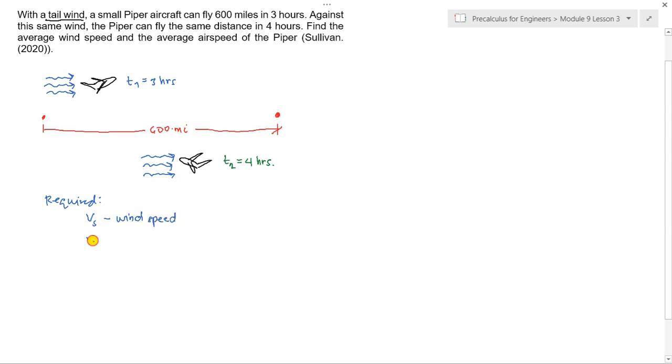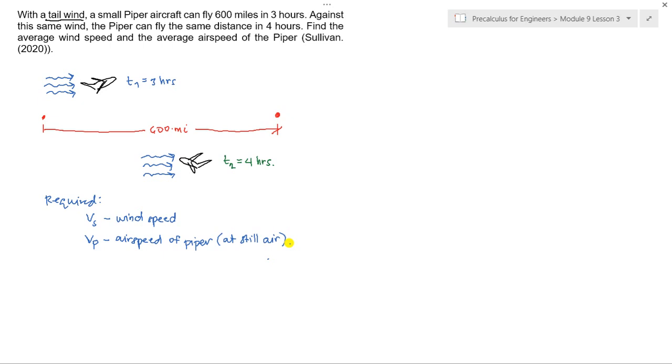And then Vp is the air speed of the Piper. In other words, the airspeed of the Piper is its speed when there is no wind, meaning speed at still air. That is its true speed when no wind is influencing it.